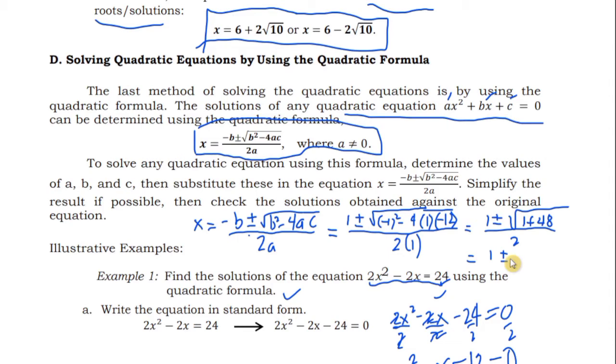Since we have this now, the first value of x is 1 plus 7. We have to break it down: the positive one, then the other one is the negative. So we have here 8 over 2, which is 4. So the 4 there is the first value of x.